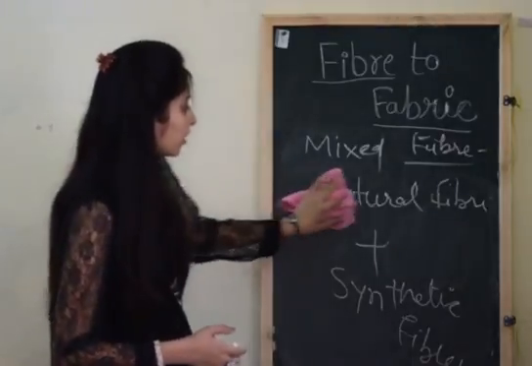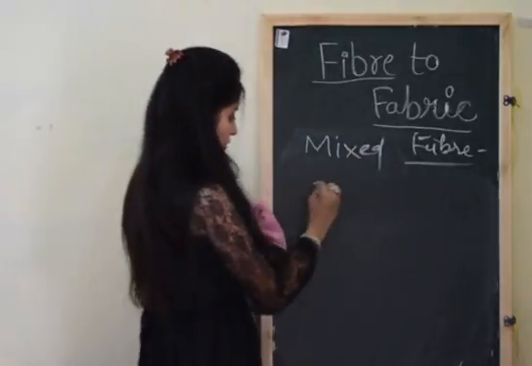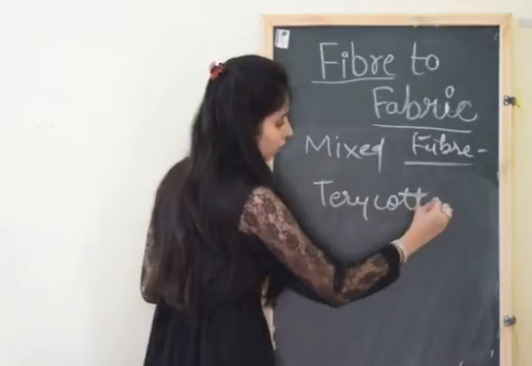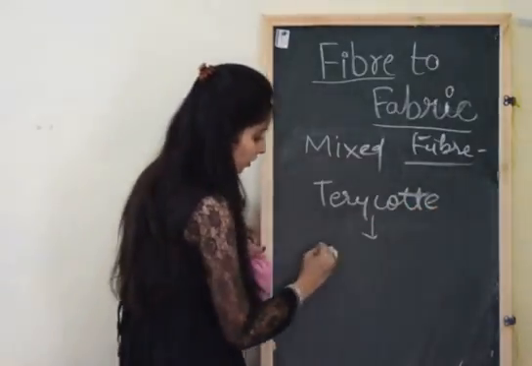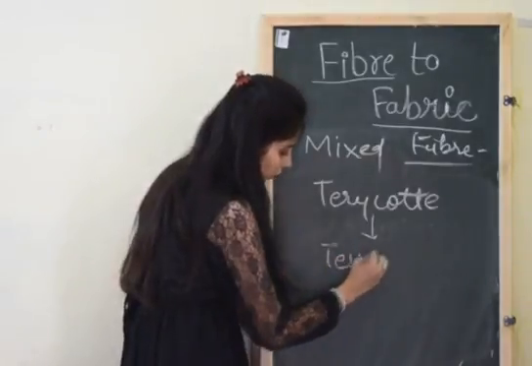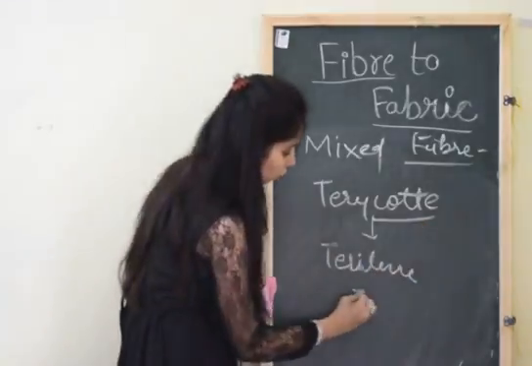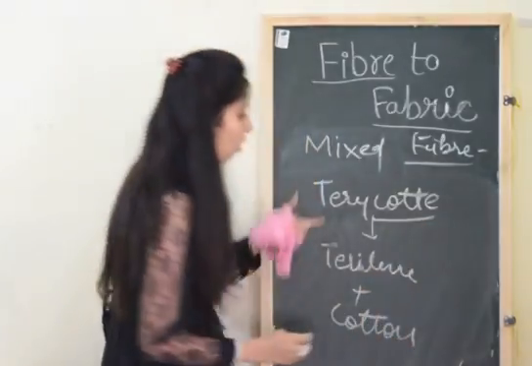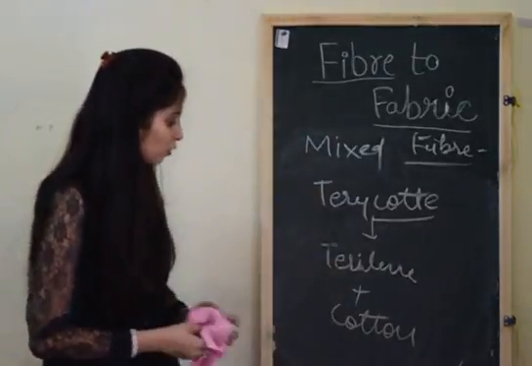What are examples of mixed fiber? For example, terricot. Terricot is made from two fibers: terylene, a synthetic fiber, and cot, which is cotton.